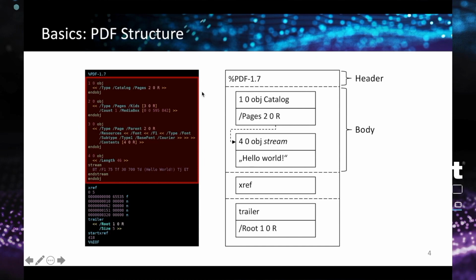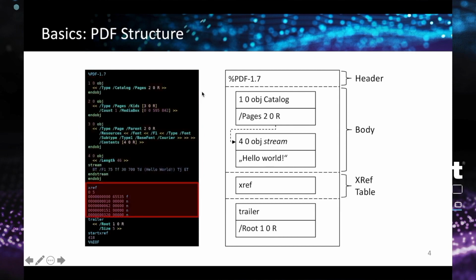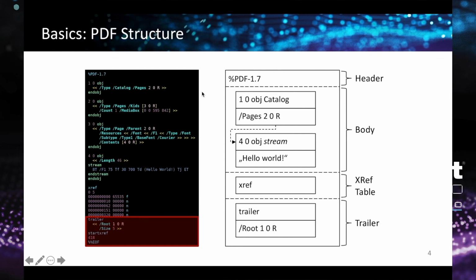This is the most important part. Also a cross-reference section, which contains an index table defining the offsets of all the objects within that document. And finally, a trailer, which contains some more information, such as a reference to the root element of the document. So PDF documents, they are actually processed from the bottom to the top.